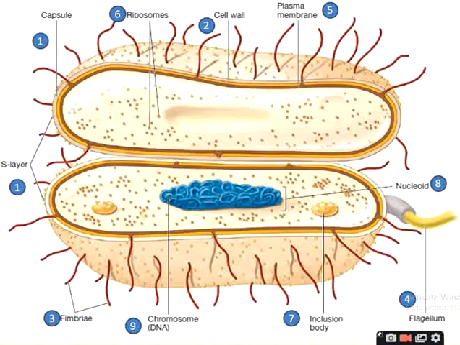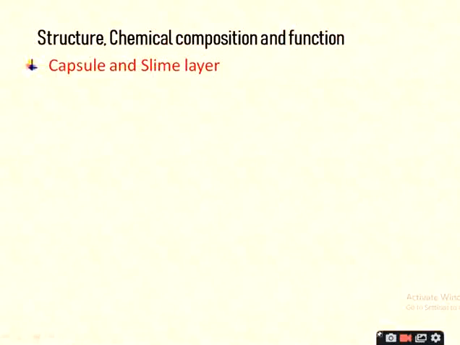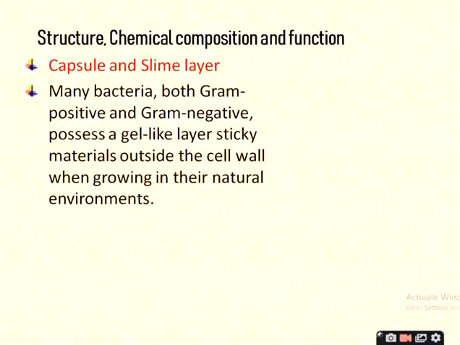First of all we see the capsule or slime layer. Now what is meant by capsule? Capsule is the outermost covering. Many bacteria, both gram positive and gram negative, possess a gel-like layer or sticky material outside the cell wall when growing in their natural environment.